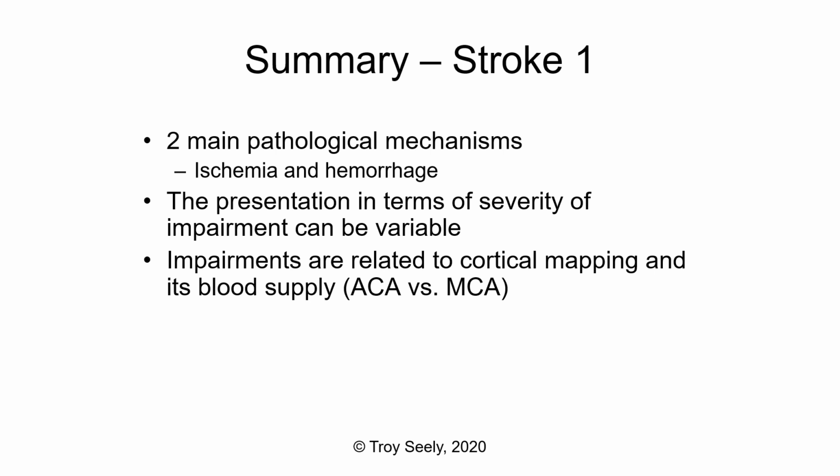And the impairments that a patient presents with are related to cortical mapping and its blood supply. So you can compare the anterior to the middle cerebral artery and see the differences in what sections of motor and sensory compromise, as an example, differ in terms of cortical mapping and blood supply being affected.